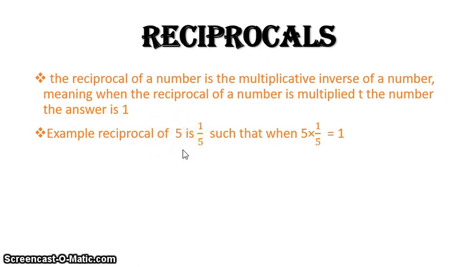If you interchange the denominator and the numerator, it becomes the reciprocal. So the reciprocal of 5 is 1 over 5, such that if you multiply 5 by 1 over 5, it becomes 1. The 5 in the numerator cancels, therefore we remain with 1.